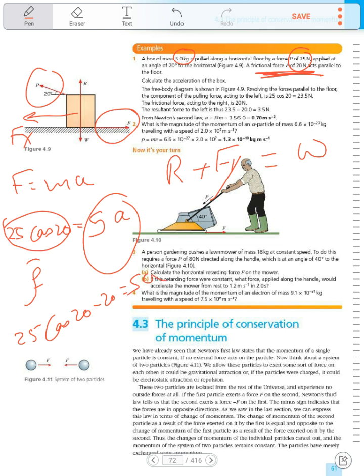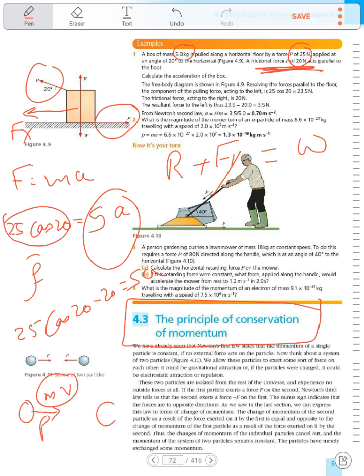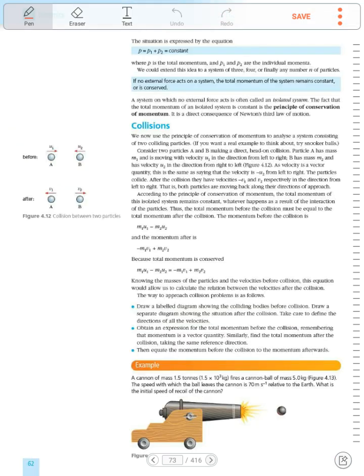Now, the principle of conservation of momentum. If we have an object moving forward with mass and speed, the momentum is mass times speed. If this object interacts with another object moving in the other direction, or maybe stationary, this is momentum number 2.